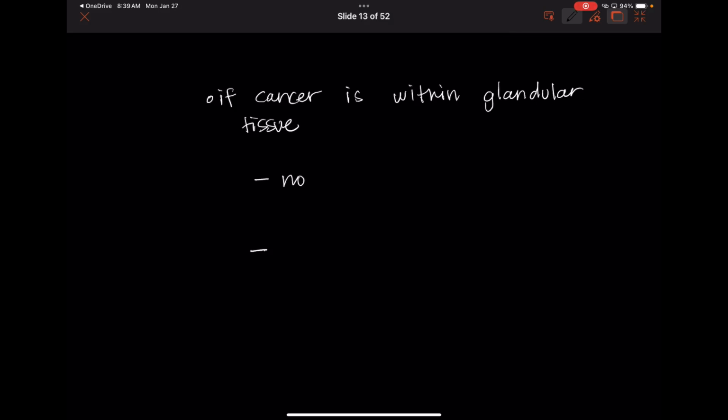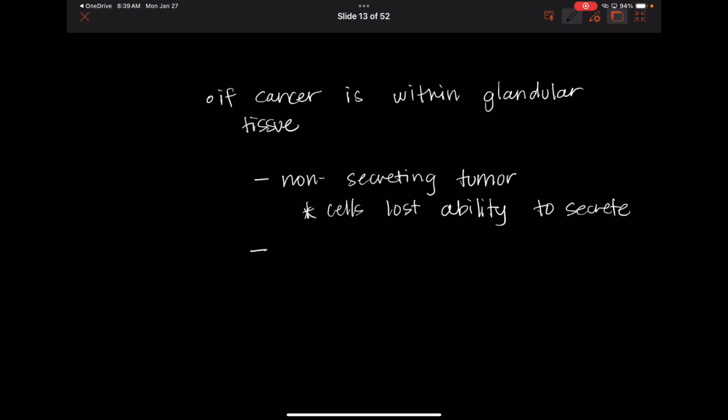They are either considered a non-secreting tumor, and this means that the cancer caused these cells to lose their ability to secrete the hormone. If they're not a non-secreting tumor, then they're going to be a secreting tumor. And in this case, cells retain their ability to secrete.